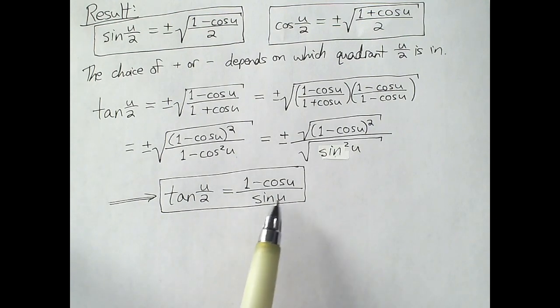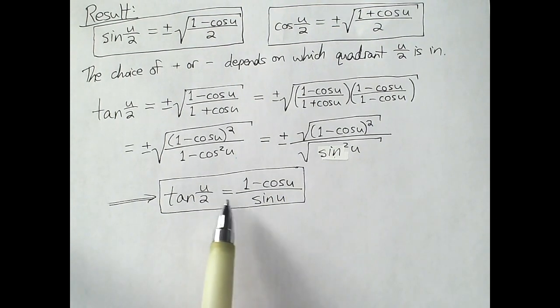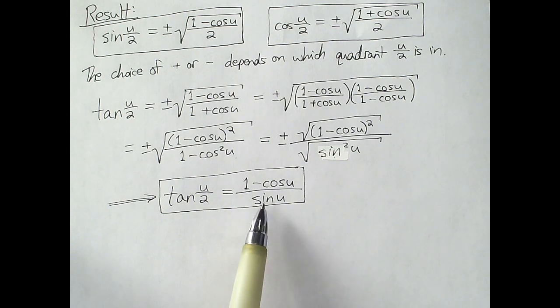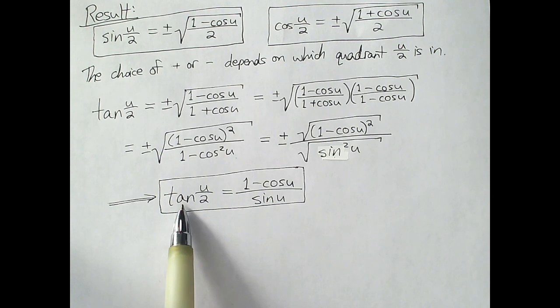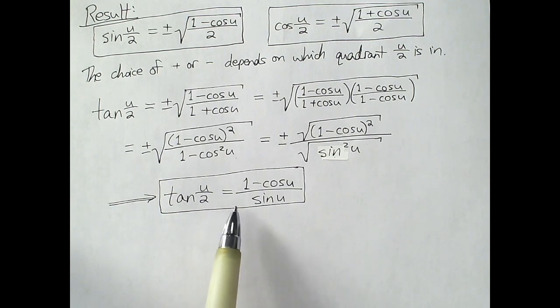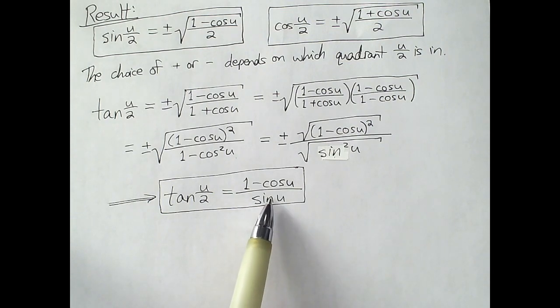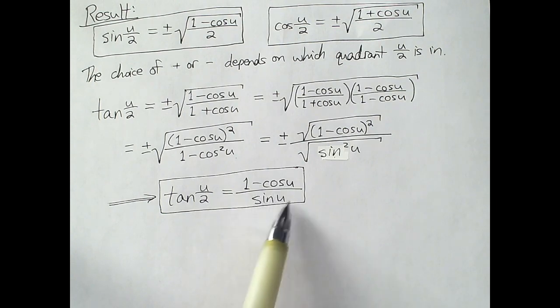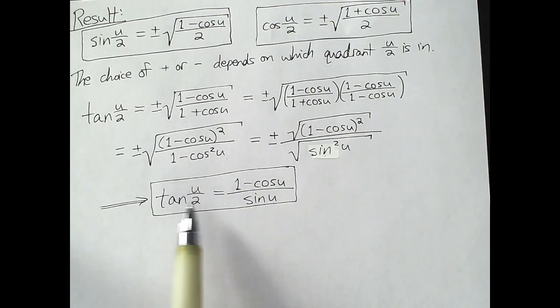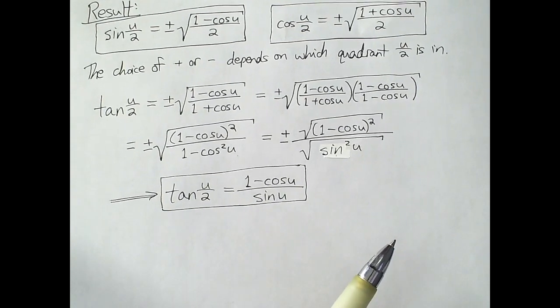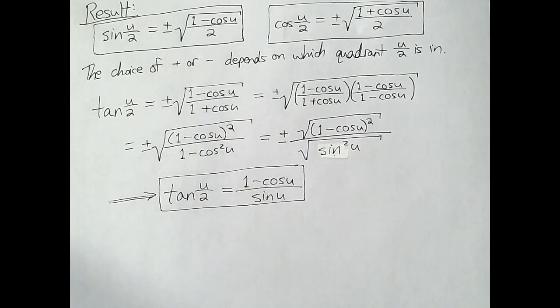The denominator, the reason why I dropped the plus or minus is because it turns out that the denominator is always the same sign, S-I-G-N, as tangent of u over 2. Okay, so that's kind of interesting, but the sign of this expression in the denominator is always the same as the sign of this expression here. So we don't need to write plus or minus.